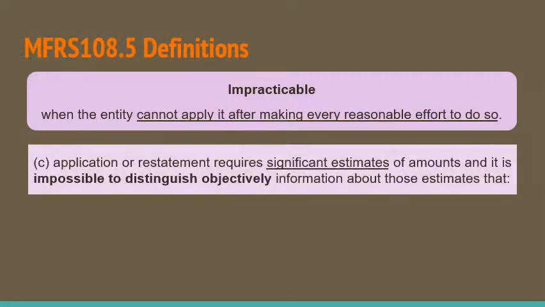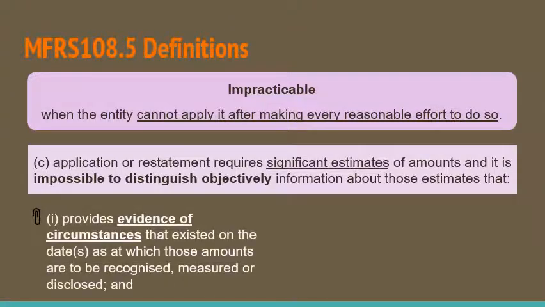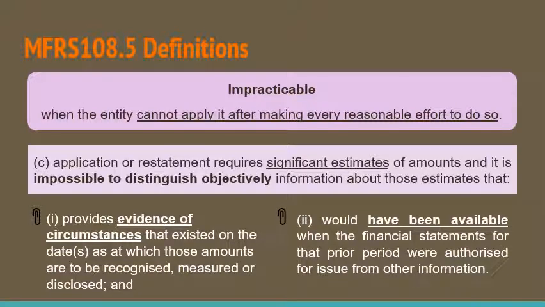Or application or restatement requires significant estimates of amounts, and it is impossible to distinguish objectively information about those estimates that provide evidence of circumstances that existed on the date or dates as at which those amounts are to be recognized, measured, or disclosed, and would have been available when the financial statements for that prior period were authorized for issue from other information.